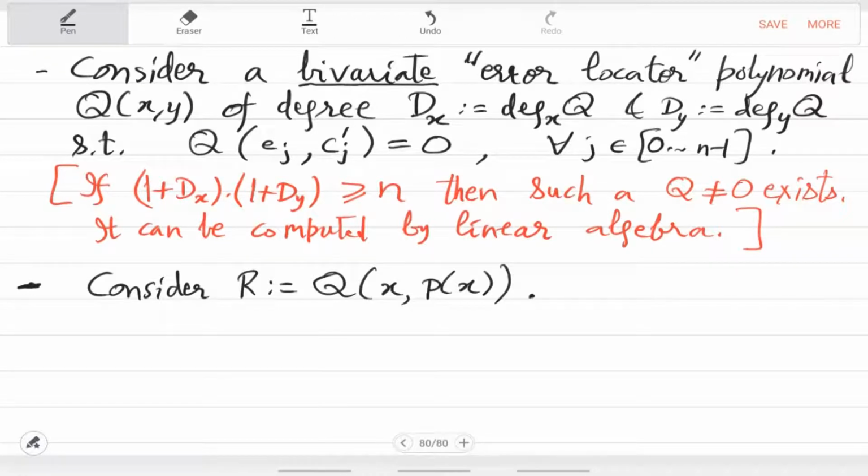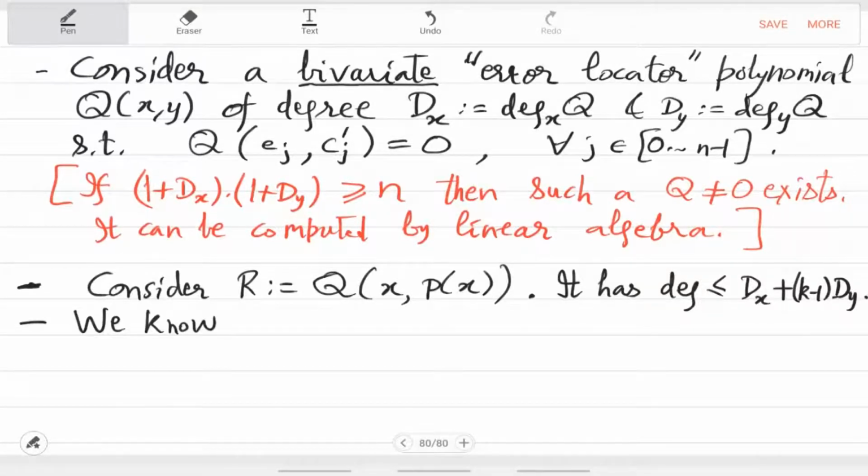So let us see the degree of this. So degree is dx of Q plus, in y you have substituted p whose degree was k minus 1, so k minus 1 times dy. That is the degree of R. So obviously we have to use the fact that at least t many Ejs are correct, right? So R at those Ejs is 0.